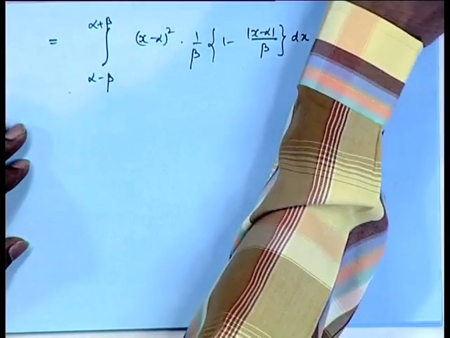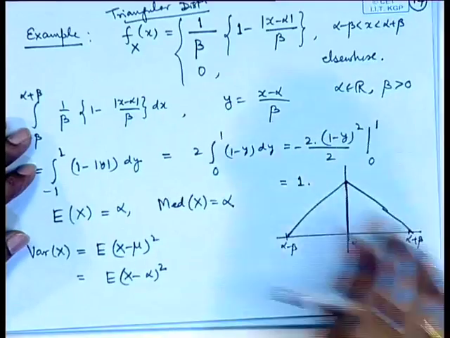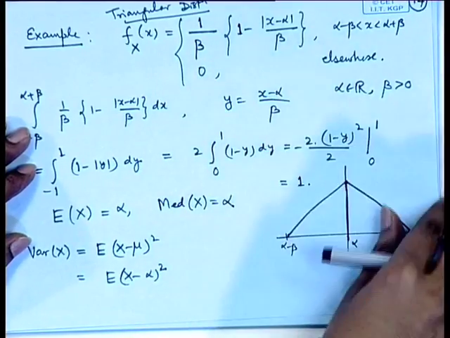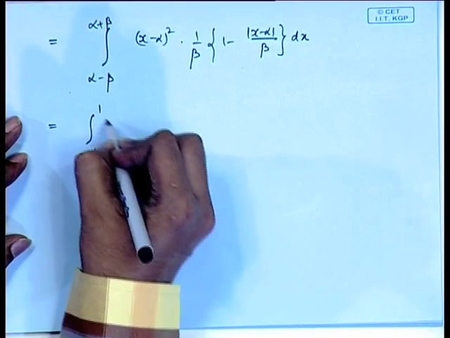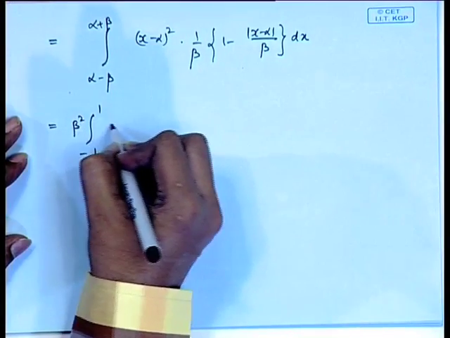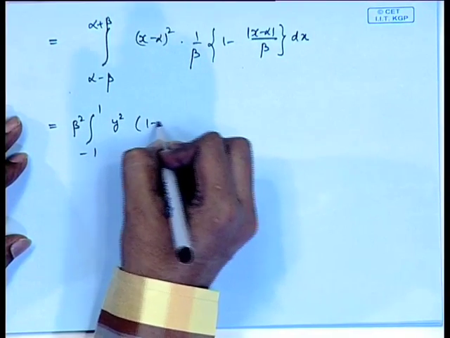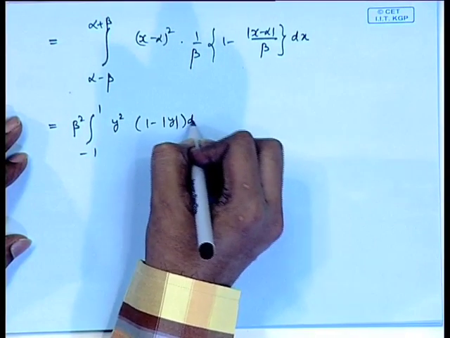In order to evaluate this, we can consider the same transformation y is equal to x minus alpha by beta. After substitution, this turns out to be the integral from minus 1 to 1 of beta square y square into 1 minus modulus y dy.